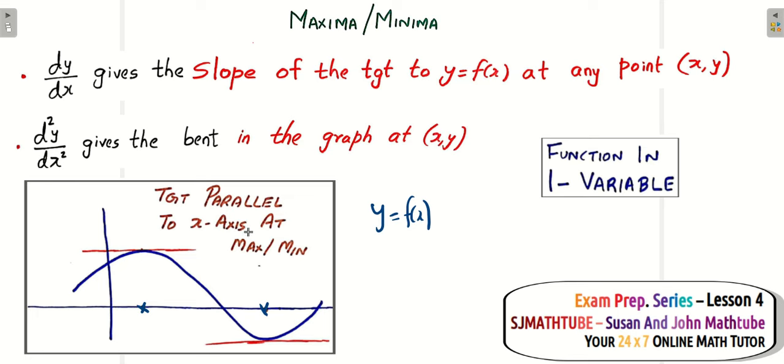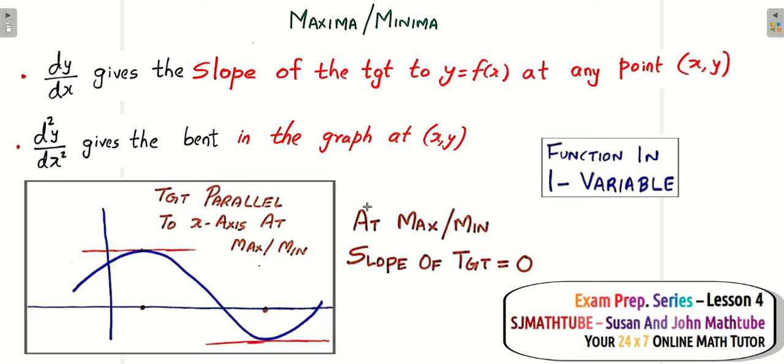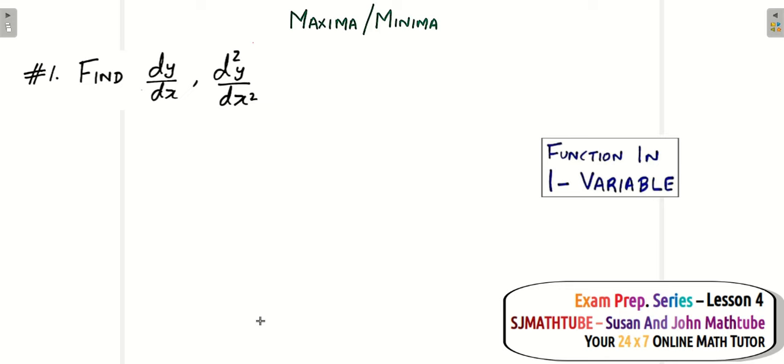And you might have learned, if a line is parallel to the x-axis, then the slope will be 0. But slope is dy by dx. So what I'm trying to convince you is, if you equate dy by dx to 0, we will be able to extract the maximum as well as minimum points.